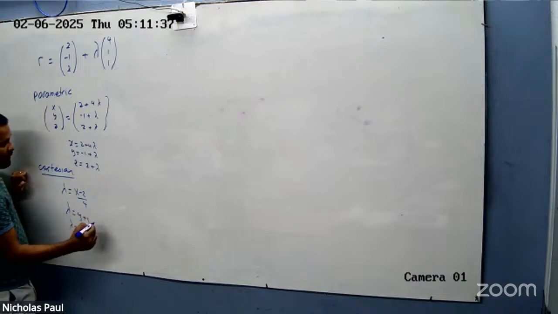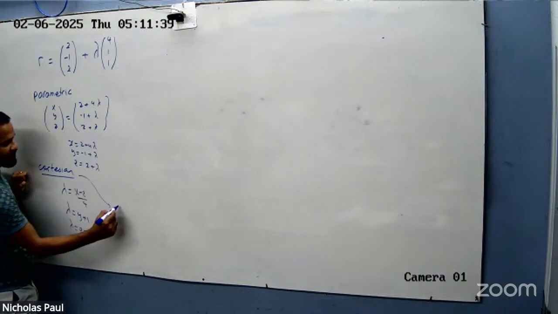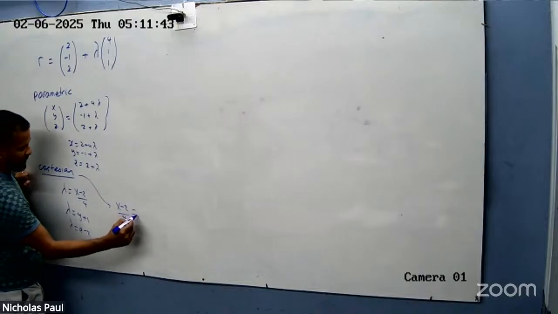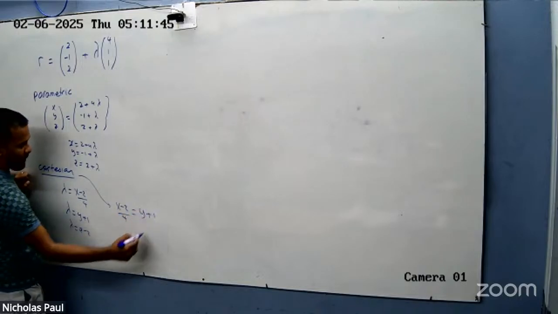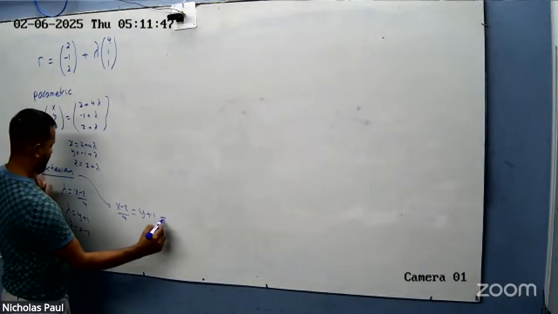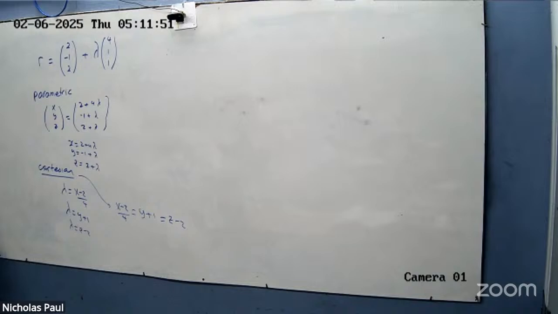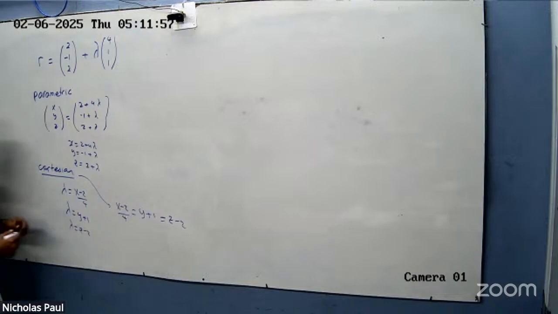So the Cartesian form is this: X minus 2 over 4 is equal to Y plus 1 is equal to Z minus 2. Are you okay with that? This is what we did last day.